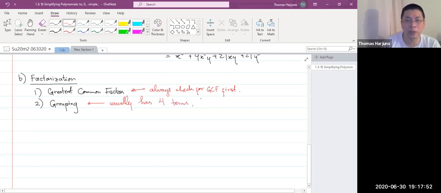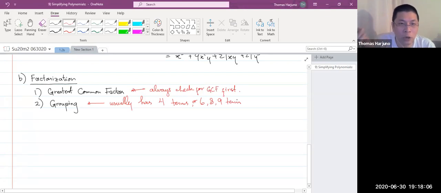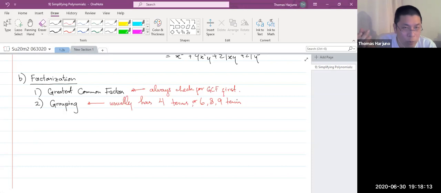It can be 6 terms also, or 8 terms, or 9 terms. Basically, it's not a prime number of terms. Okay, so if it has only 3 terms, then you cannot do it by grouping. If it has only 5 terms, then you cannot do it by grouping. Okay, unless you manipulate that another way.